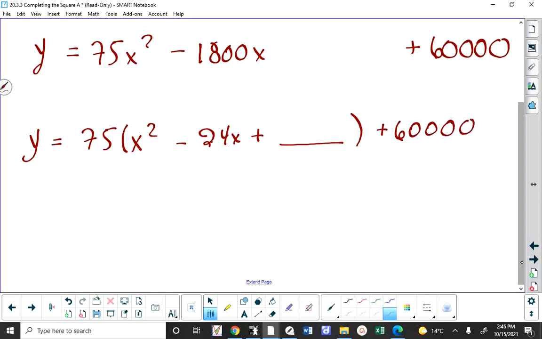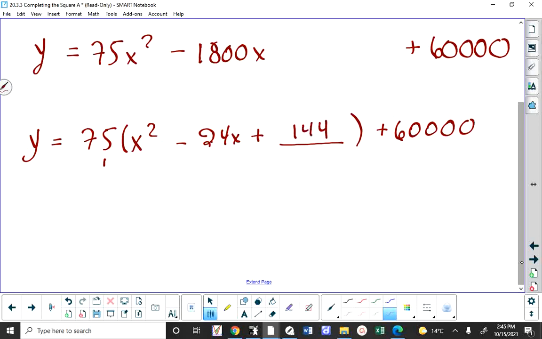So what number do we add? Well, half of -24 is -12, which, by the way, is going to be your p. I didn't ever really say that, but half of b is going to be your p, always. -12² is 144.